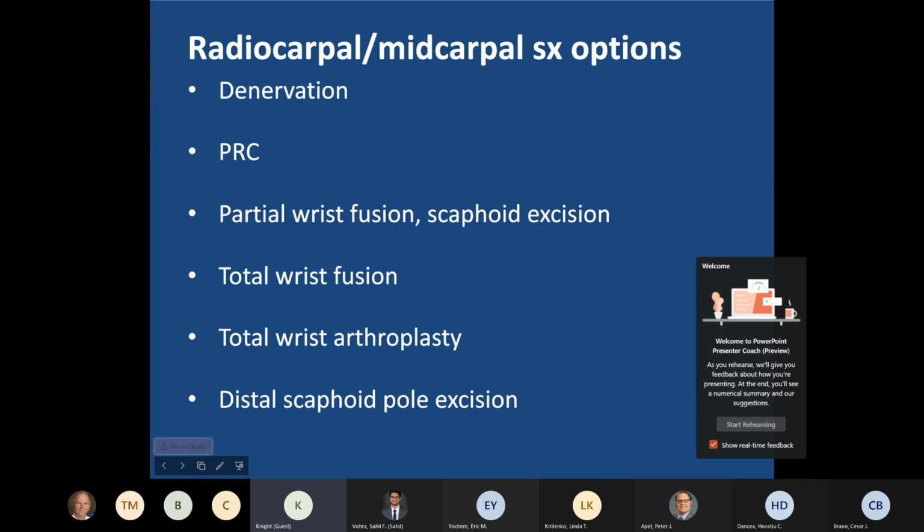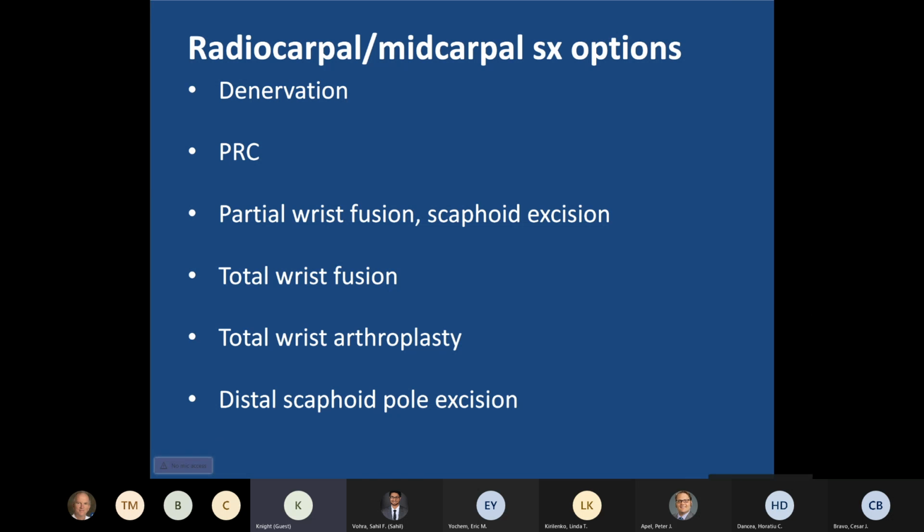So lots of treatment options. Denervation is an option, particularly for some patients that don't want a more definitive surgery to be done with bone and correction. PRC, we talked about. Partial wrist fusion, either capitolunate fusion with scaphoid excision, or a four-corner fusion, three-corner, four-corner fusion. Certainly a total wrist fusion is an option.